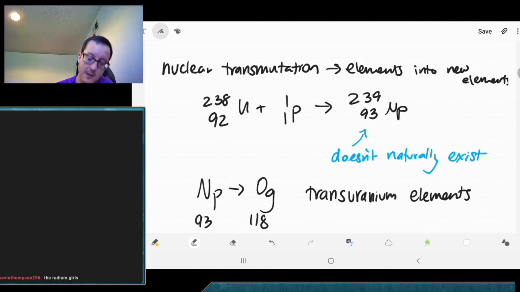So beyond uranium, we can make them in labs, and that's kind of it. And often these would be named after places that they're made, or scientists who have made them. So you've got nihonium, which is Nihon, the Japanese word for Japan. You have moscovium, which is Moscow.